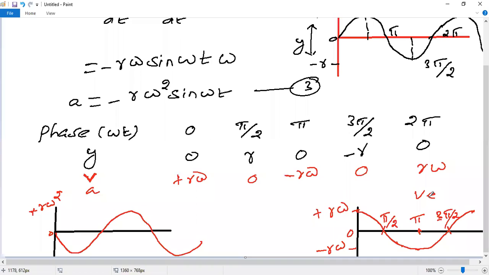This is for velocity, this is for acceleration. Minus r omega square. For the acceleration, at 0 it is 0 only. Pi by 2, this is the pi by 2. So at pi by 2 time, that is a negative, minus r omega square.